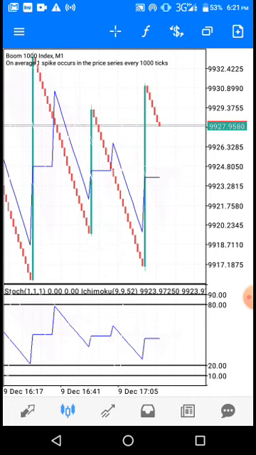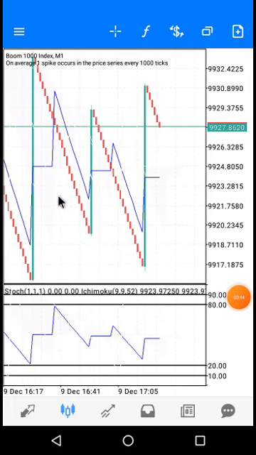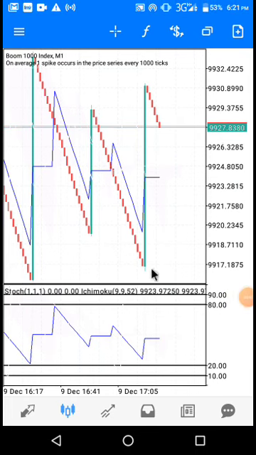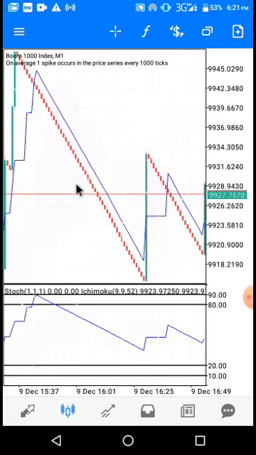Now if you notice something about my zoom out level, you're going to see that it is not too big. The candles are not too big. The indicators are equally not too big, so it is just normal. I can see the setting very clear.